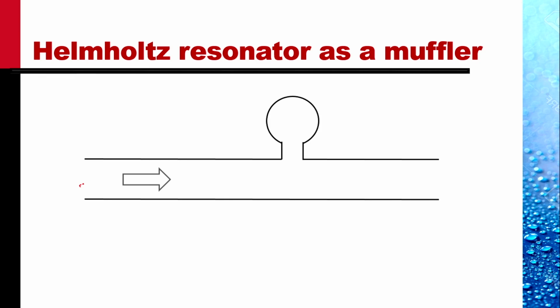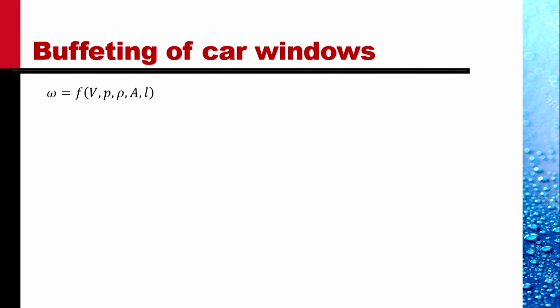If this is exhaust or an airstream, and we can make a Helmholtz resonator with a frequency of the sound carried in here, then the acoustic energy from this stream would go into the resonator, and if you put some damping material with the resonator, then energy would be taken out. And so this could work as a muffler. But in a car with the window open, this is producing noise.